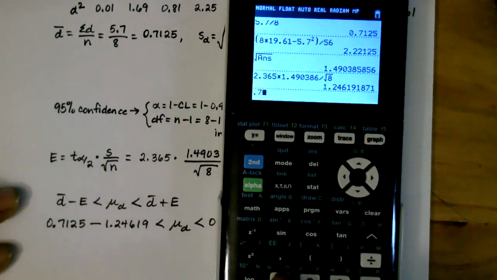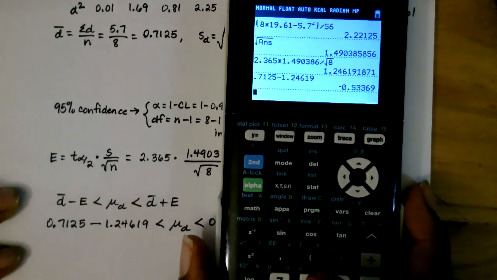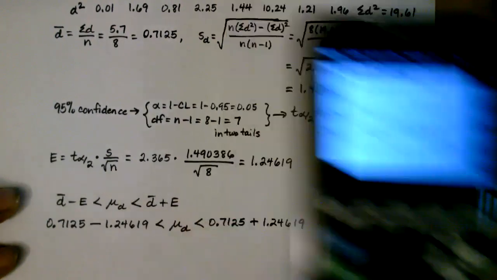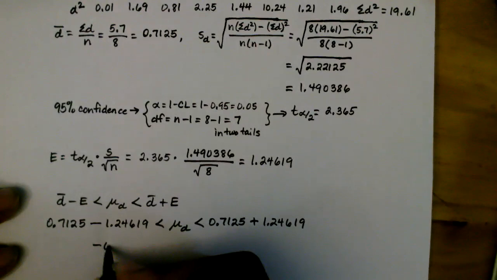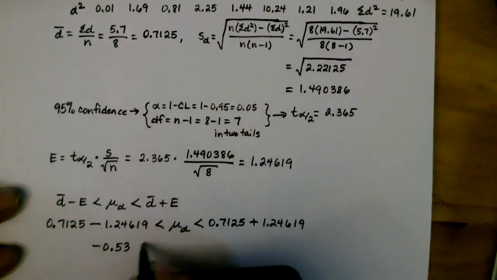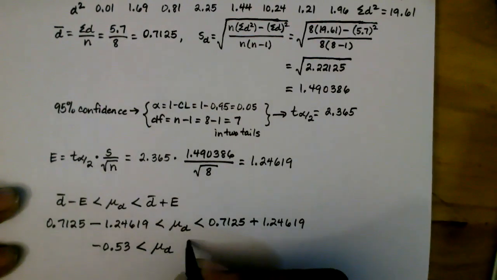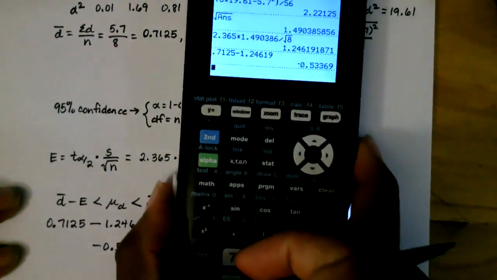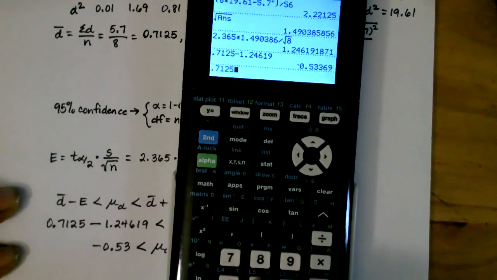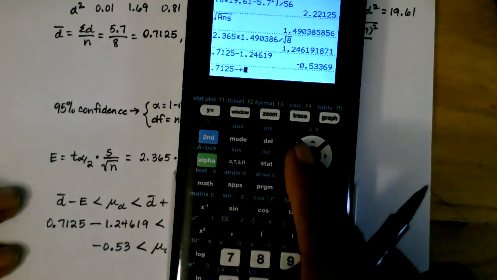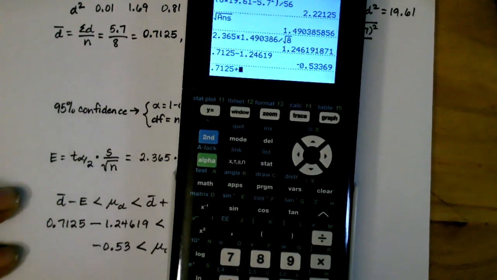So if I do 0.7125 minus 1.24619, I get negative, let's see, to two decimal places, negative 0.53. And then that's going to be less than mu sub D and less than 0.7125 plus 1.24619.